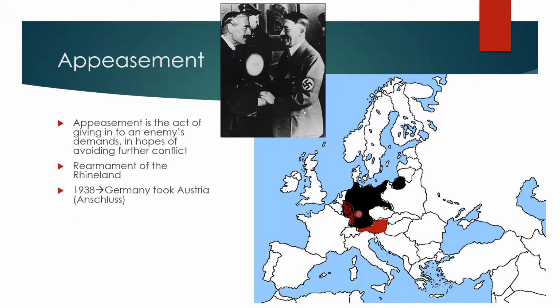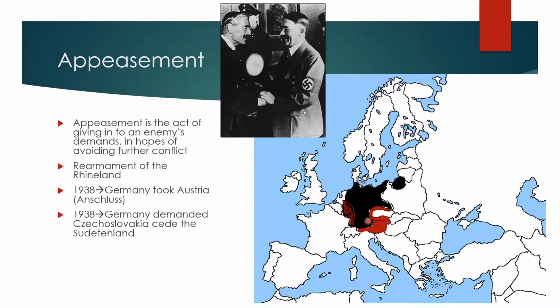In 1938, Germany takes Austria. They march into Austria. There's very little, if any, military bloodshed, and they take over Austria very peacefully from a military standpoint.